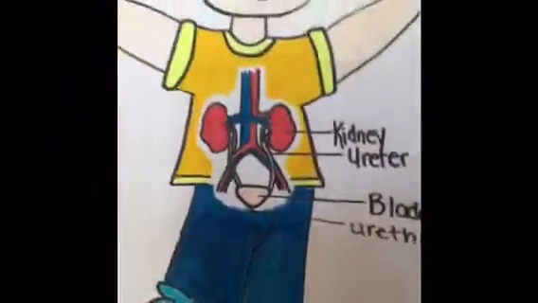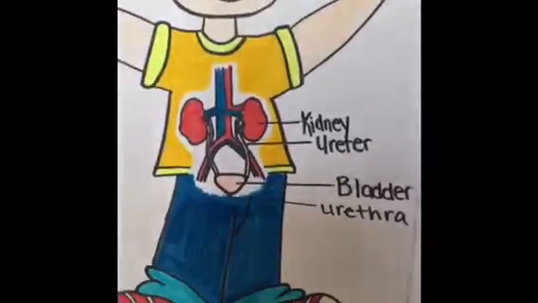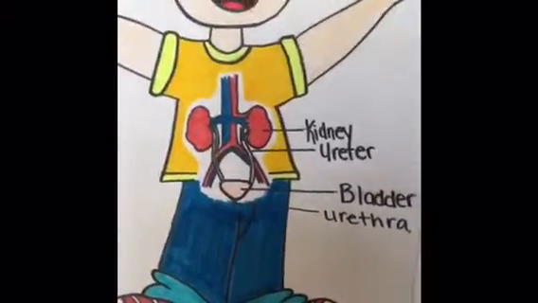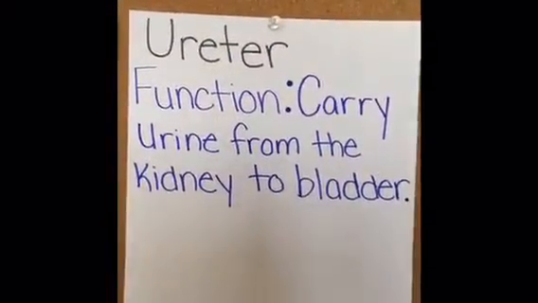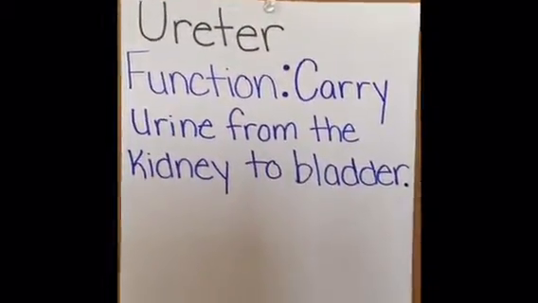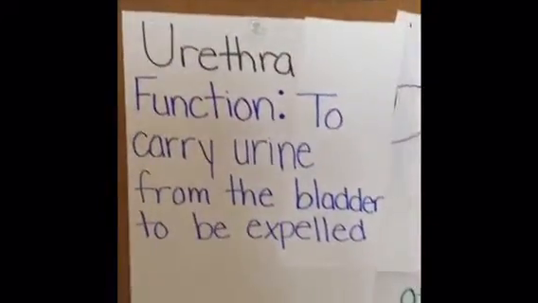From our bladder, it's sent to our urethra, and then our waste is excreted as urine. The function of our ureter is to carry the urine from the kidney to the bladder. In the bladder, the urine is stored, and then the job of our urethra is to carry urine from the bladder to be expelled.